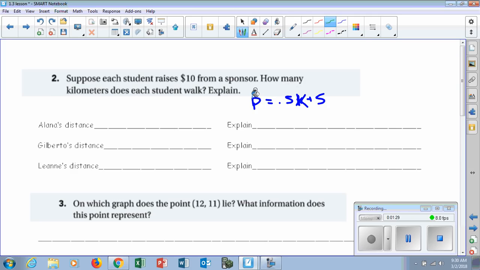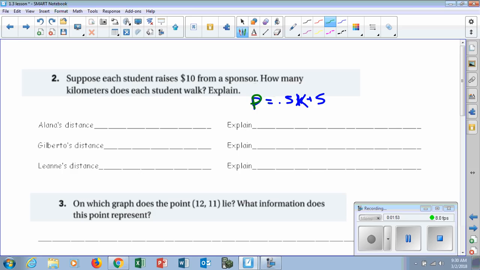I put it as like for the P. Yep. Okay, so our P is the total pledge amount, the amount they made.